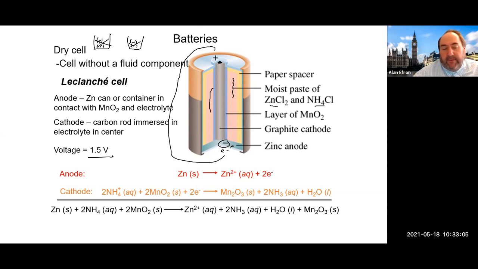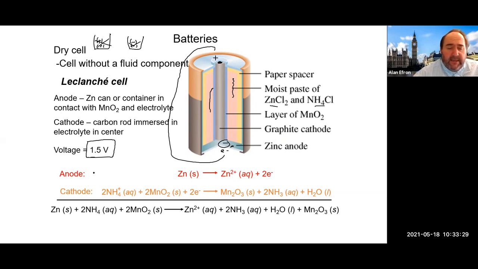This type of battery has a voltage of 1.5 volts, regardless of the size. If you use AA, AAA, D or C batteries, the only real difference is the size, which means they could go longer.